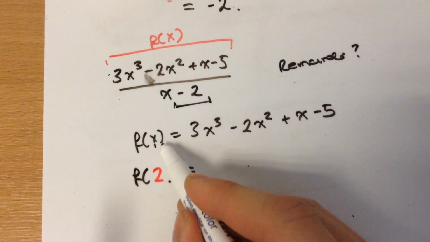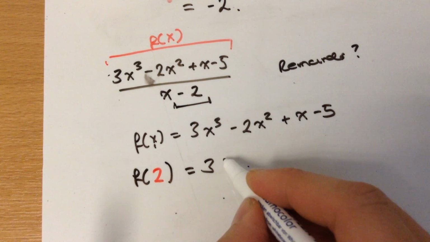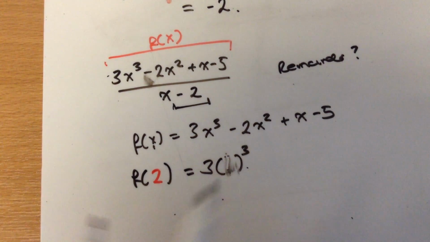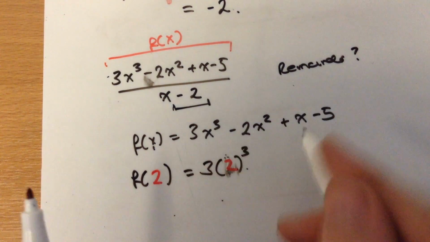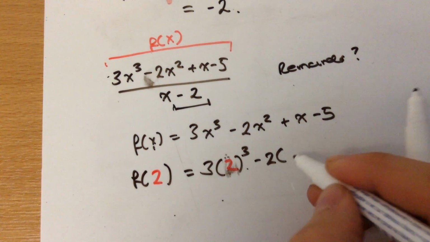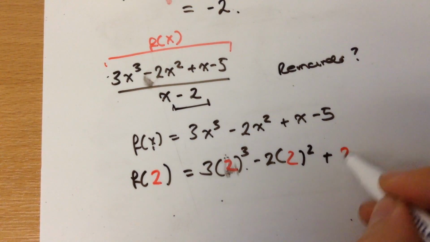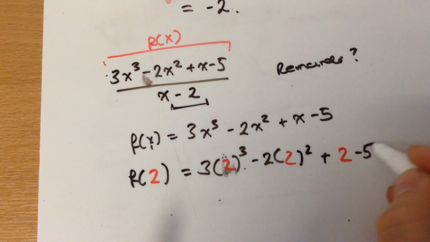So replacing all the x's with 2, 3x cubed becomes 3 times 2 cubed, minus 2x squared becomes 2 times 2 squared, plus x becomes plus 2, minus 5.